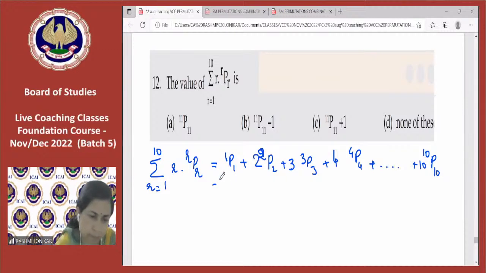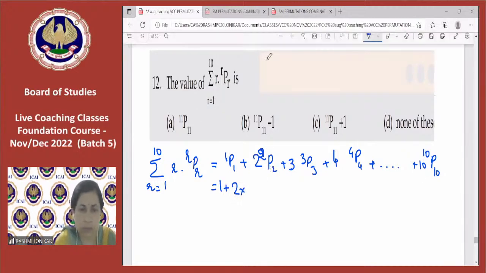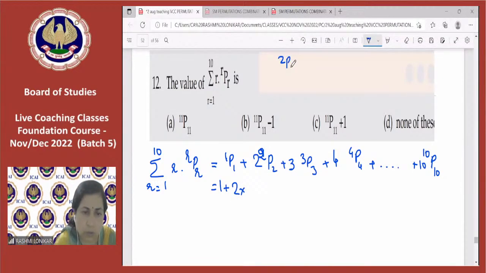1. 2P2 is how much? 2P2 is 2 factorial upon 2 minus 2 factorial, which is equal to 2 factorial.